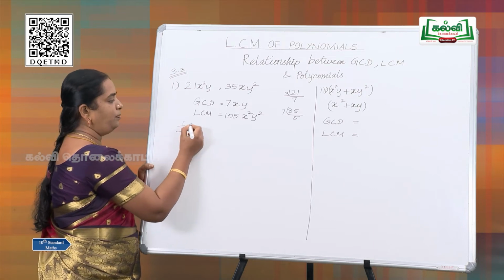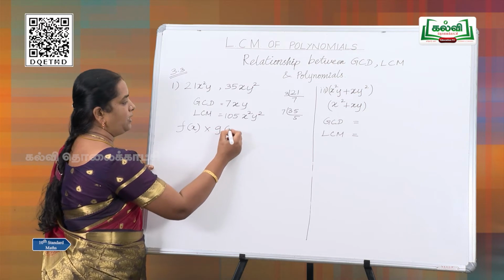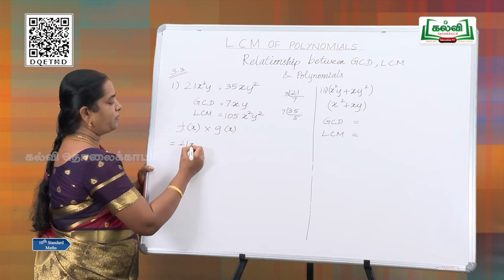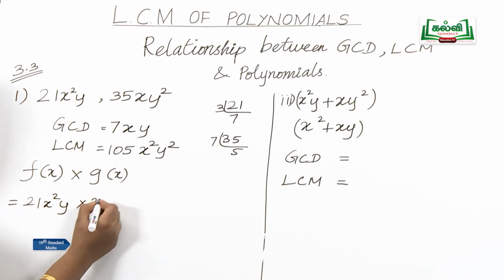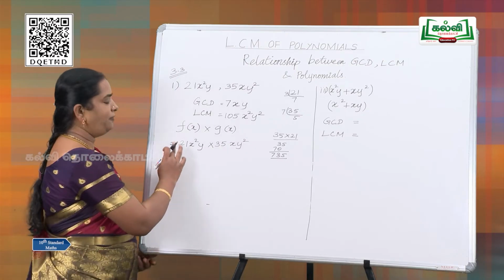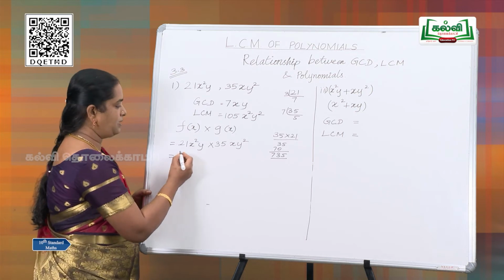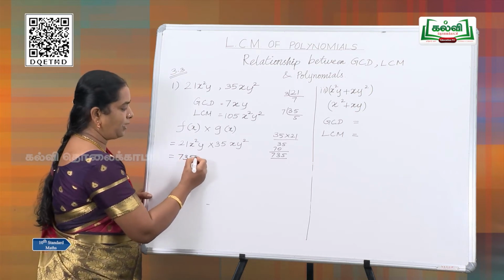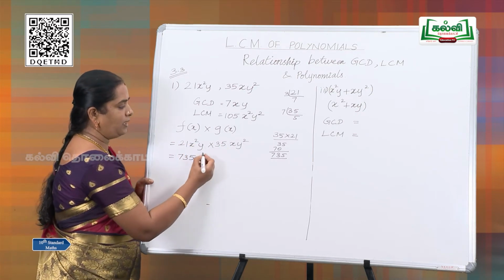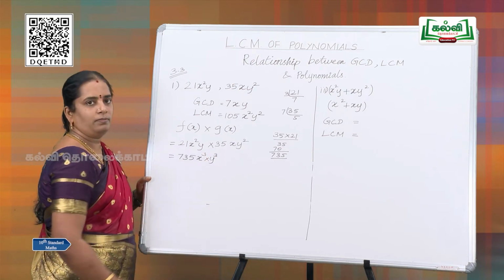That is, we have to find the product of the polynomials given, f of x into g of x. So, multiply 21 x square y into 35 x y square. The product of f of x and g of x is, first multiply the numbers, that is 735, and then multiply the variables: x square into x is x cube, y into y square is y cube.